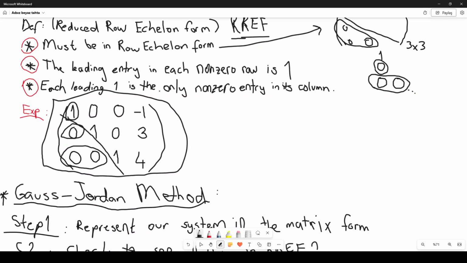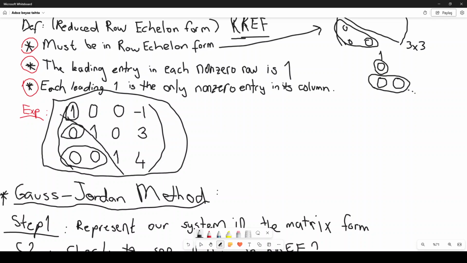So the leading entry in each non-zero row must be equal to 1. We go through all the rows and see whether or not the very first element which is not 0 in each non-zero row is 1 or not.